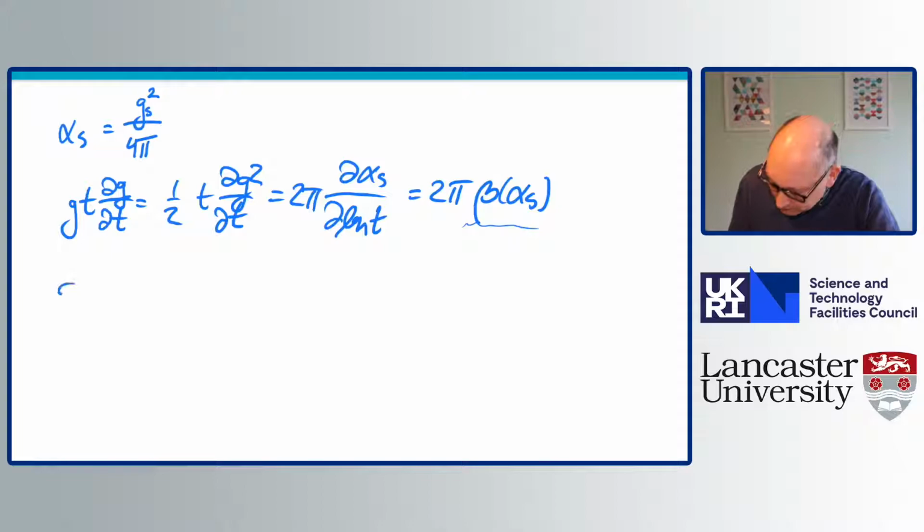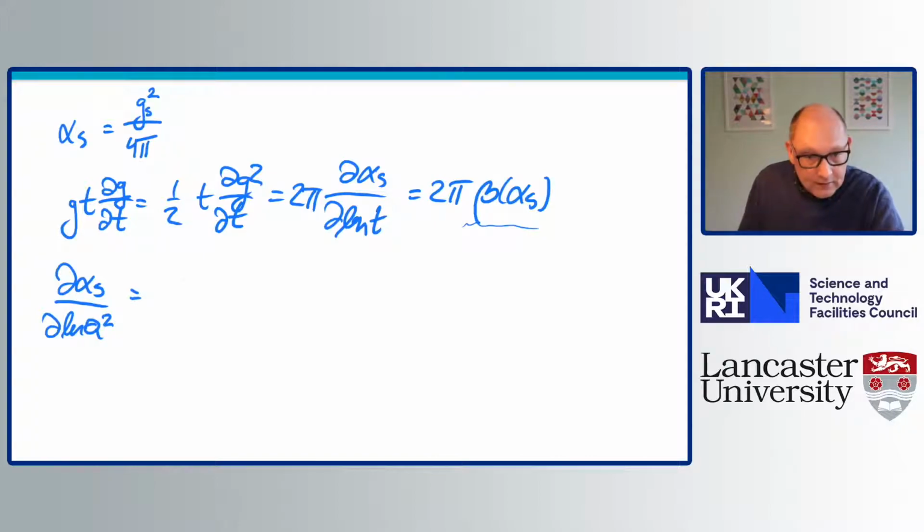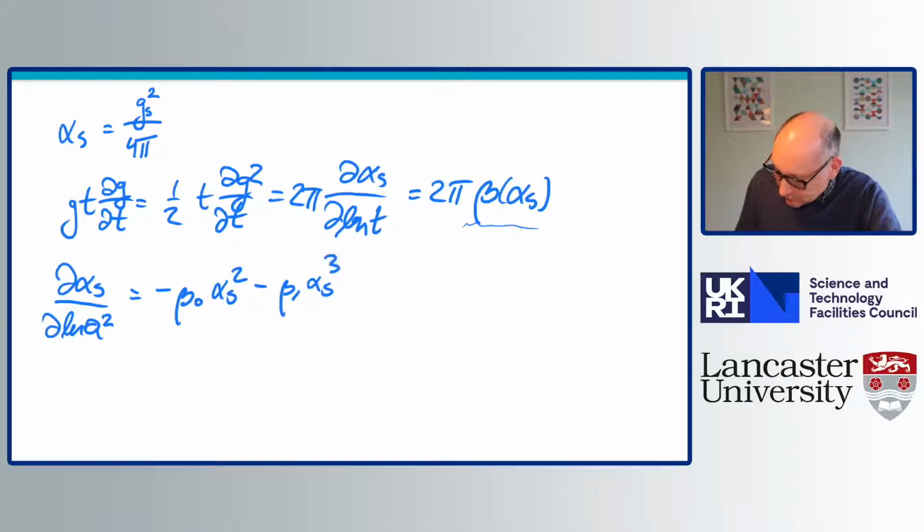So if we write here d alpha s d log q squared as minus beta 0 alpha s squared minus beta 1 alpha s cubed minus beta 2 alpha s to the fourth minus beta 3 alpha s to the fifth.